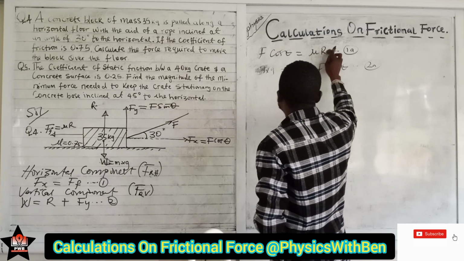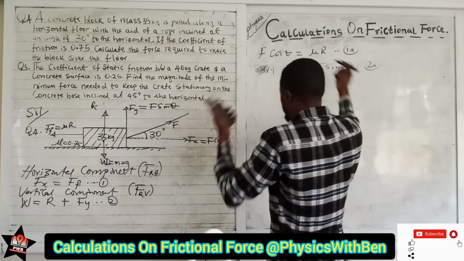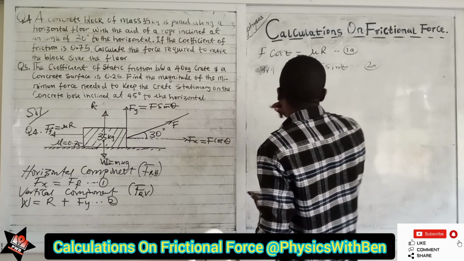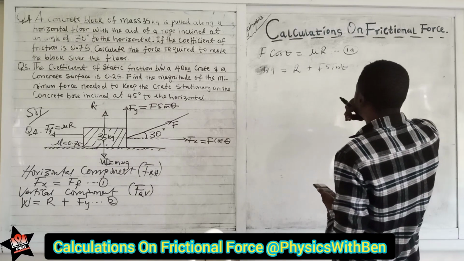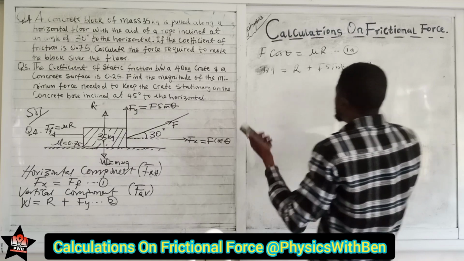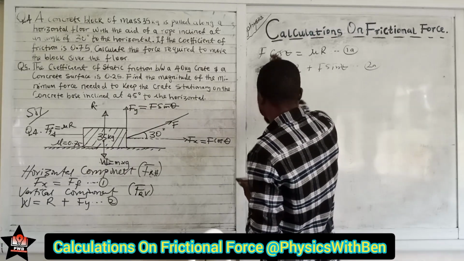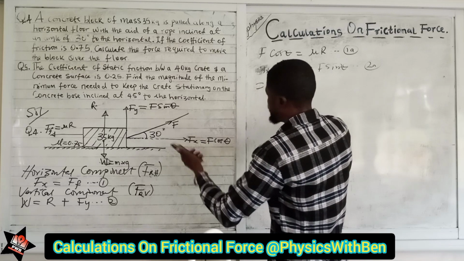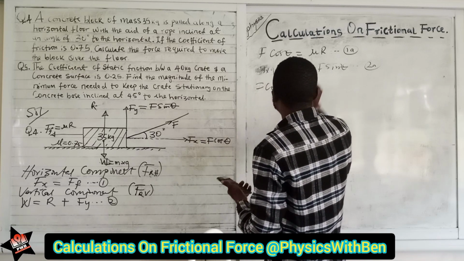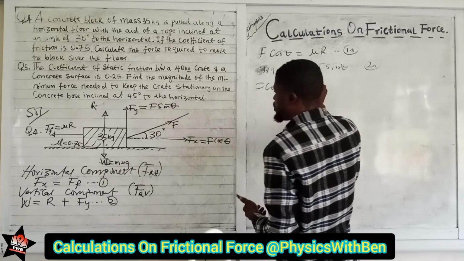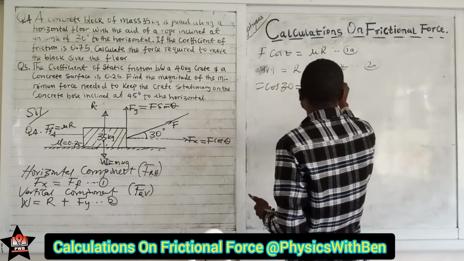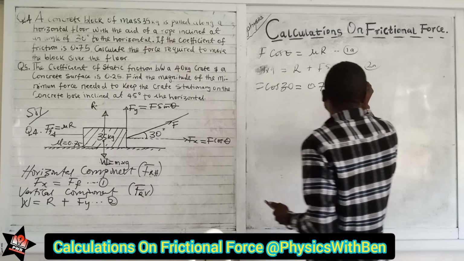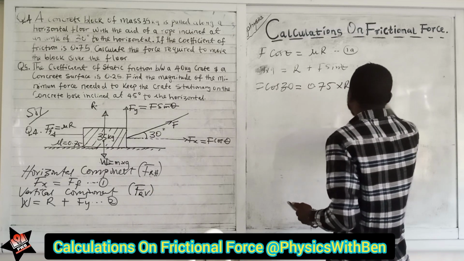We're going to make R the subject of the formula here, and let's substitute first. So our force here, we have F cos 30 is equal to mu, and mu is 0.75, times R. We call this equation number 1b.